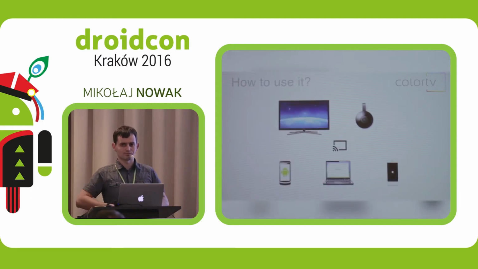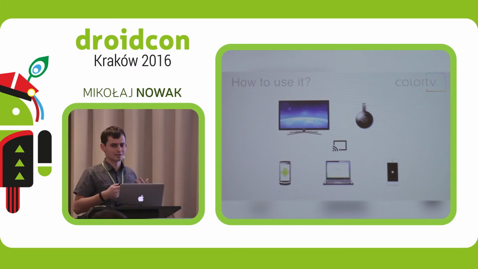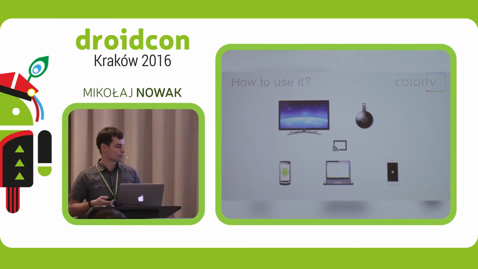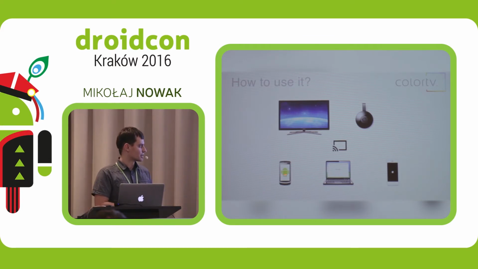How to use it? You need to, of course, plug a Google Cast device and connect it to some screen. Then you have to find some app which can be integrated with a Chromecast. It could be an Android app, iOS app, or Google Chrome app. It can be any app you think about.